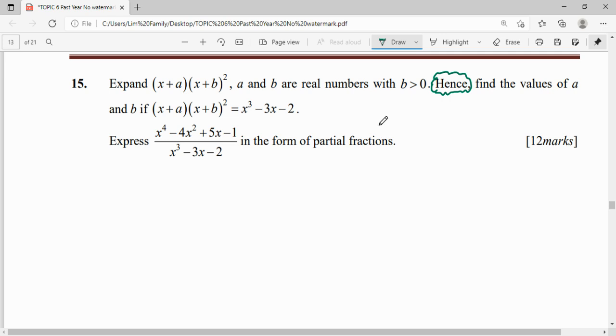For the first task, we're going to expand (x + a) and (x + b)².